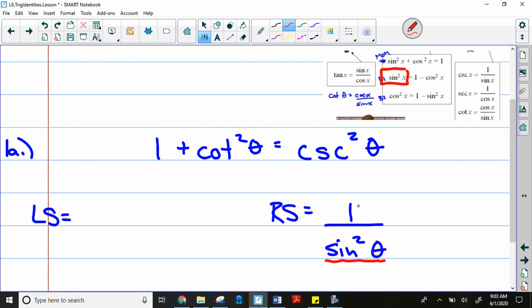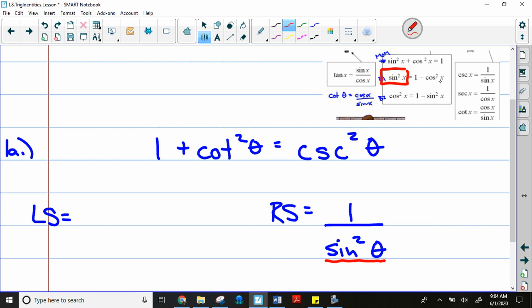But it's got to help you get to an answer. And this has a minus in it, and this side doesn't have a minus in it. So I'm a little hesitant to do this move, even though it is true. I don't know if it's going to help me get to an answer. So I'm going to hold on that one.